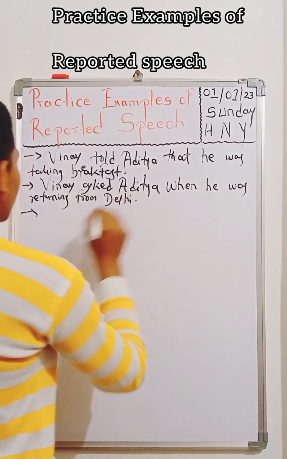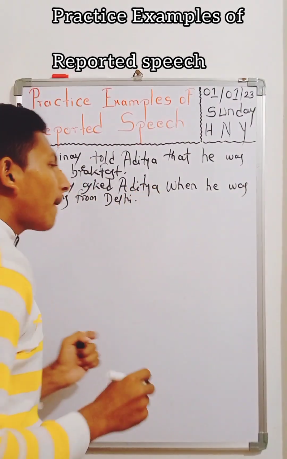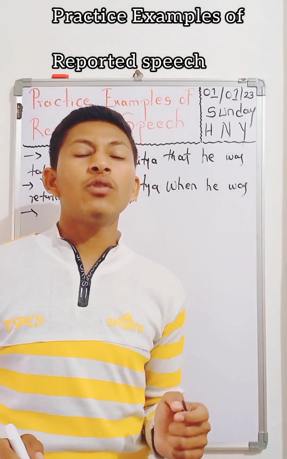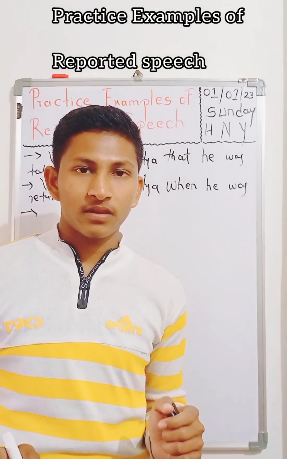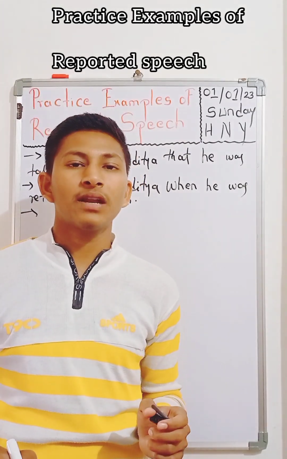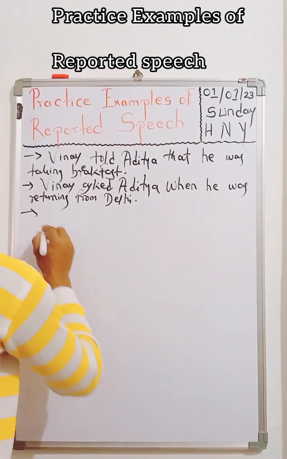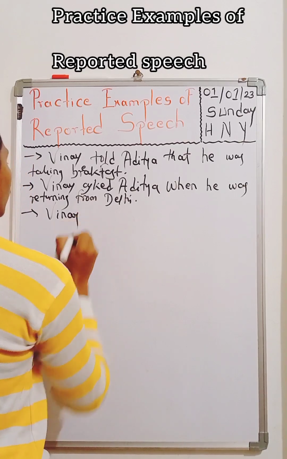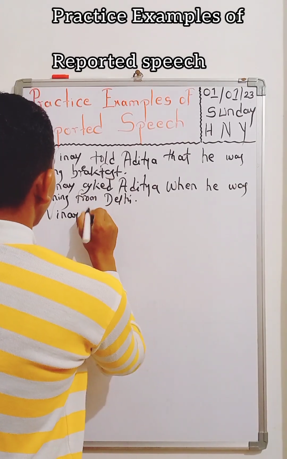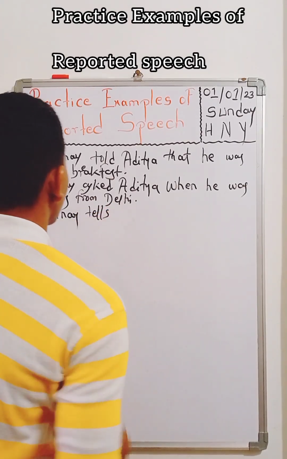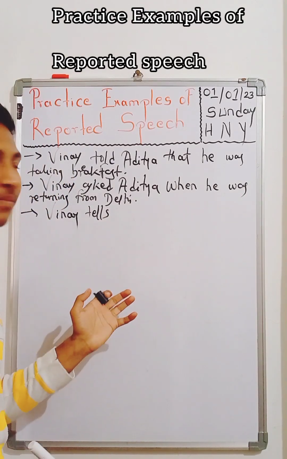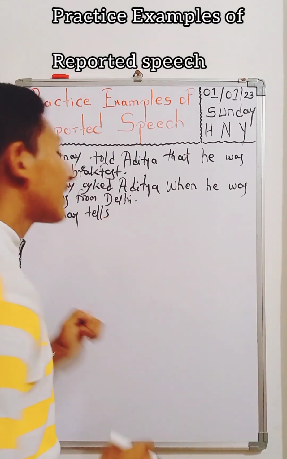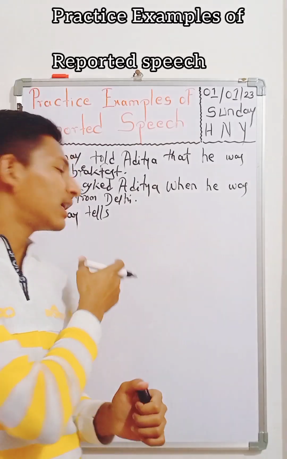So Vinay says to Aditya, "Do you like mango?" So now here Vinay tells, not tells, because this is not an assertive. Why did I introduce tells here?